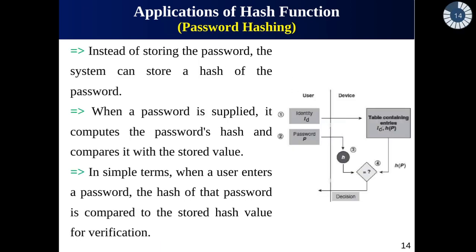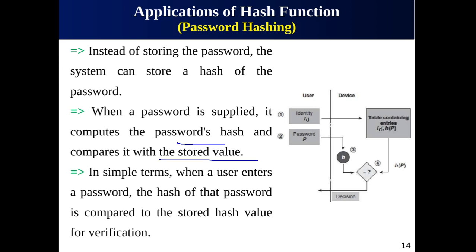The second application of hash function is related to passwords, and the concept is known as password hashing. If the system stores, for example, your password in unencrypted form, in clear form, then anyone who gets access to the system storage or the backup tapes can steal the password because it is in plain text. So instead of storing the password in plain text, the system can generate a hash of the password, and then the hash value is stored on the disk.